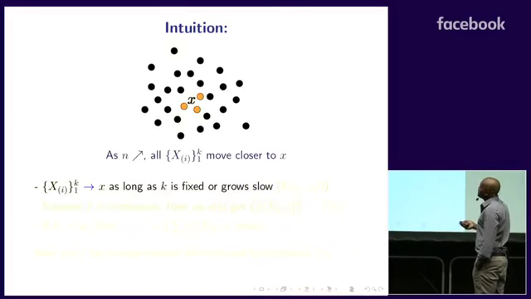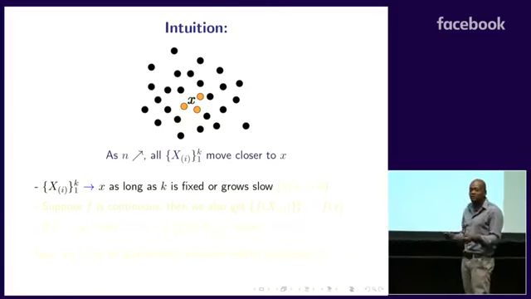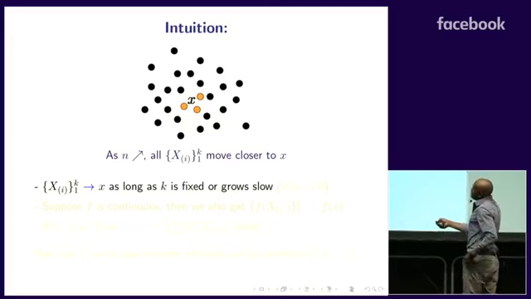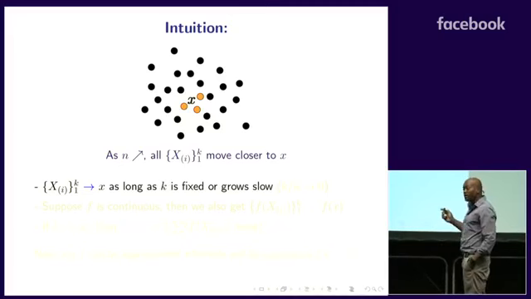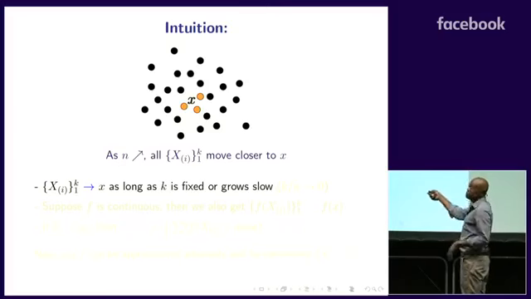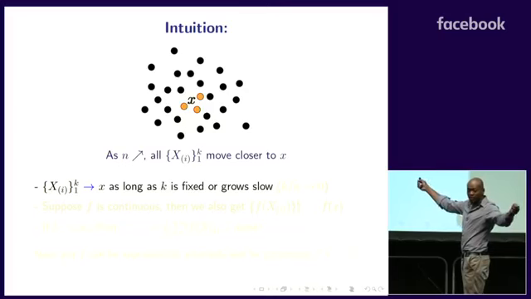If I increase the sample size, and I fix k, the 3 nearest neighbors get closer to x. That's the first point. As the sample size increases, intuitively, your nearest neighbor gets closer to you. So if I let k be fixed, this will hold. You can imagine right away that if I let k be infinity, it will not hold. The nearest neighbors will be very far.